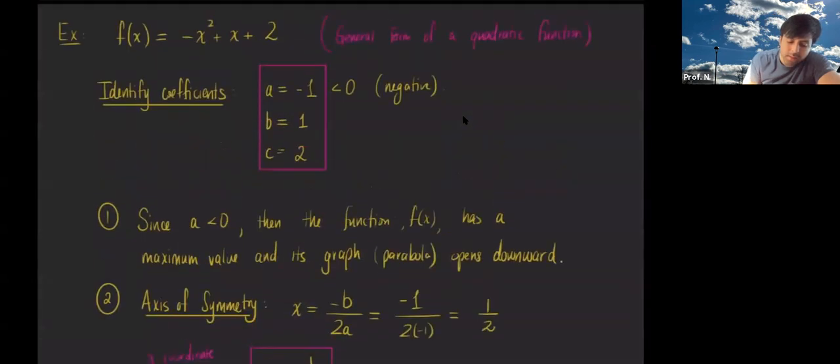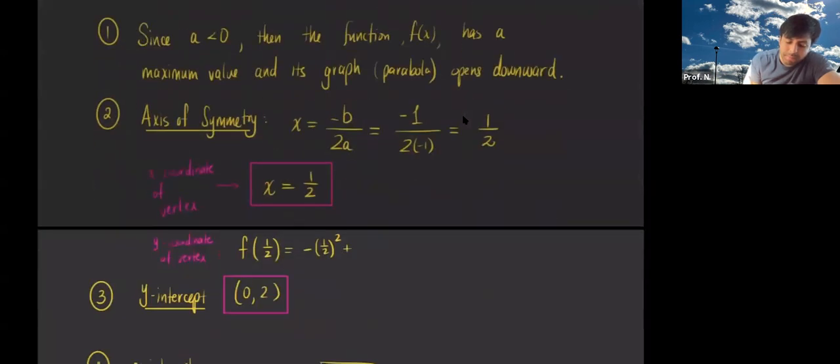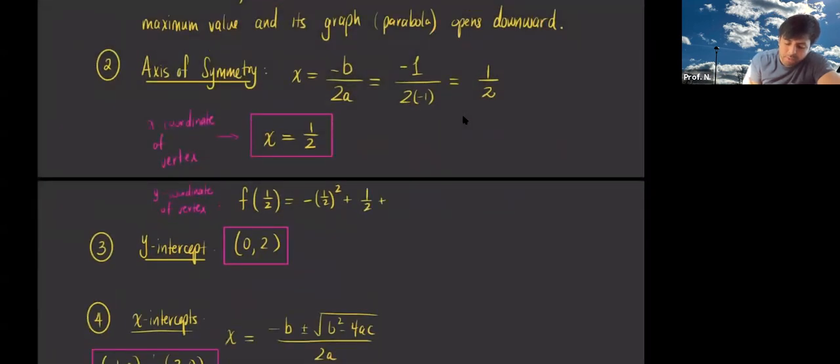So then I get negative 1/2 squared plus 1/2 plus 2. Now 1/2 squared is 1/4. It's negative 1/4 plus 1/2 plus 2. And if you take negative 1/4 plus a half, so taking a half and subtracting a fourth from it, I'm left with 1/4. So 1/4 plus 2 is 2 1/4, or in other words, 2.25.